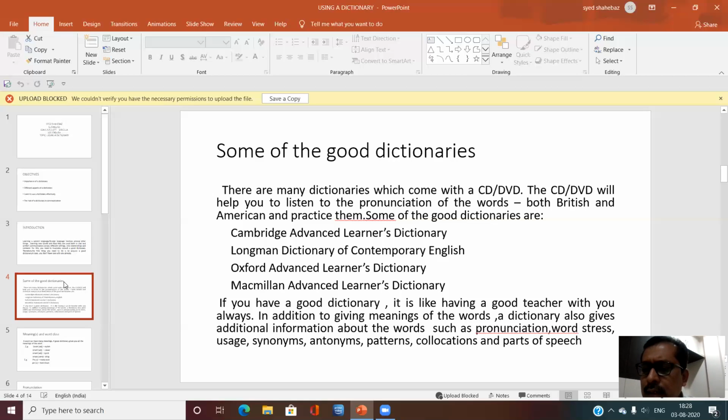You can learn synonyms with the help of a dictionary. The meanings of that particular word are given. Different meanings, related meanings are given. Those are the synonyms.